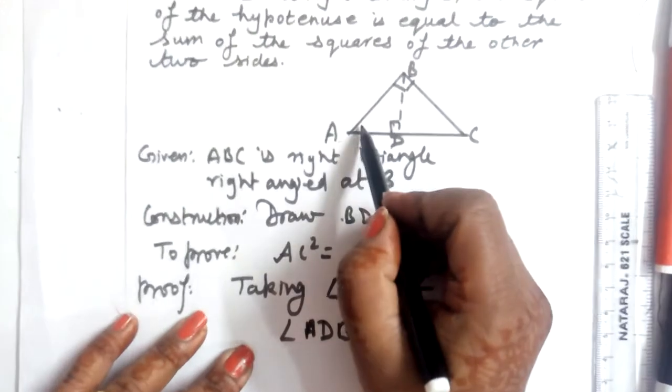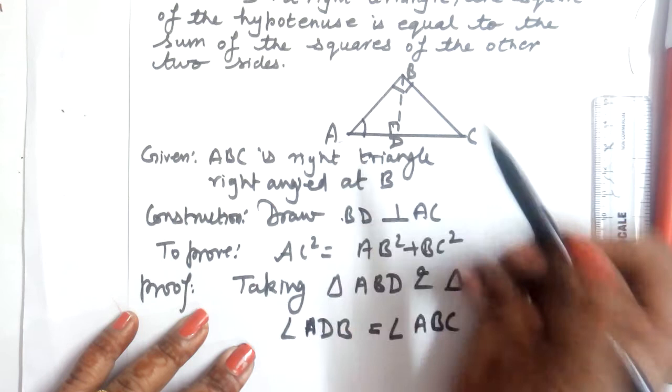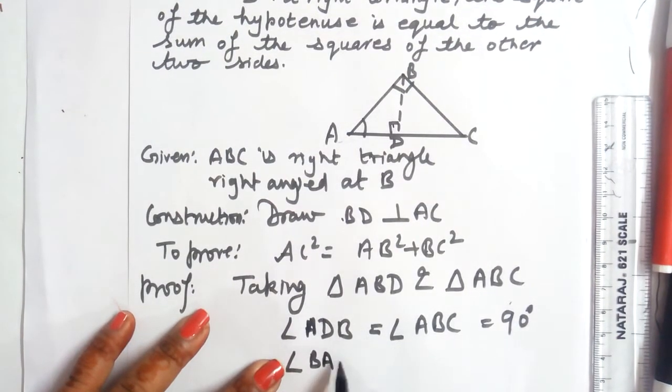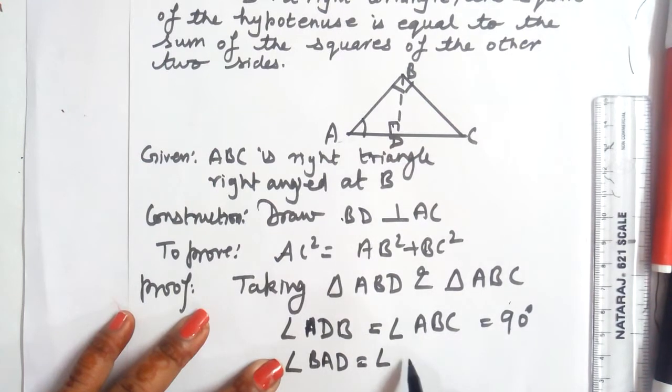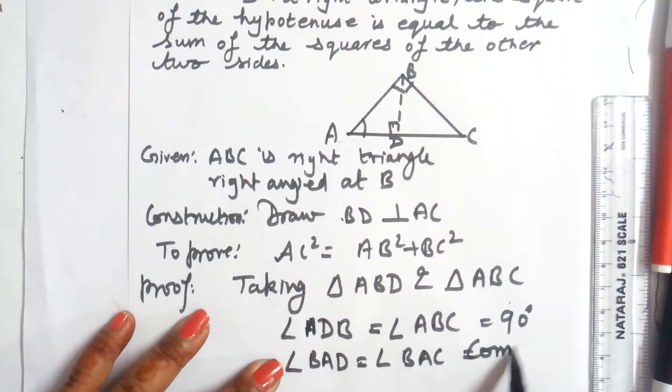Now we can see here this angle A is common. So angle BAD is equal to angle BAC, that is common basically.